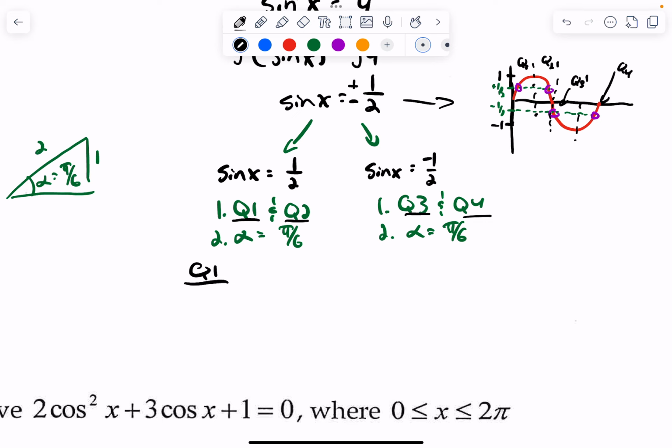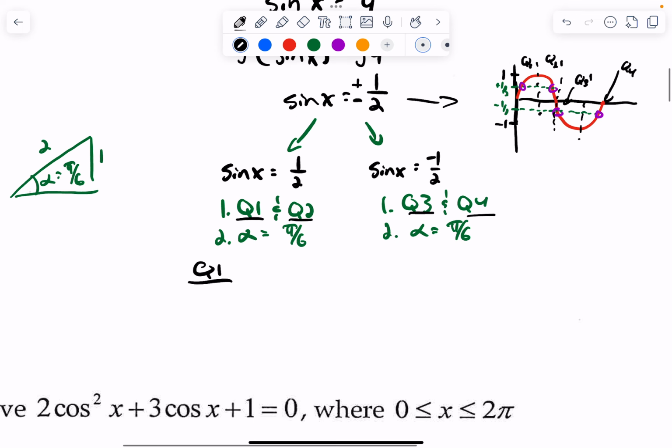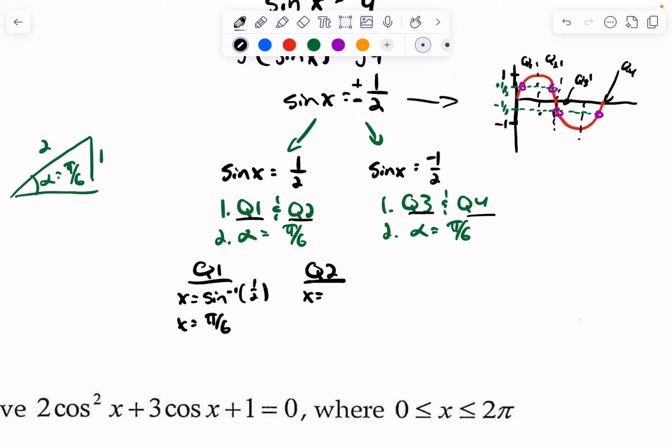That's like graphical, right? So then in quadrant 1, well, the solution, like x is sine inverse of 1/2. Well, in quadrant 1, that's this x being pi over 6. In quadrant 2, well, now you just have to subtract that alpha from pi, because you're in quadrant 2.